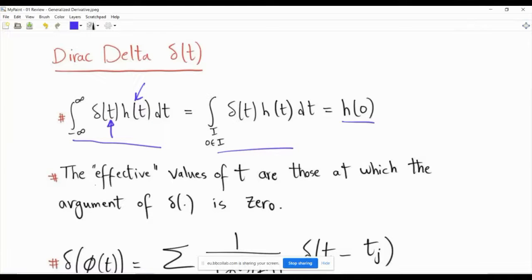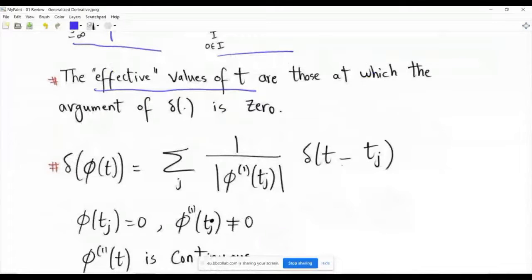So the effective values of t that are important when we deal with the Dirac delta are the values of t that make the argument of the Dirac delta equal to 0. And we use this if we do a composition of the Dirac delta with a function.